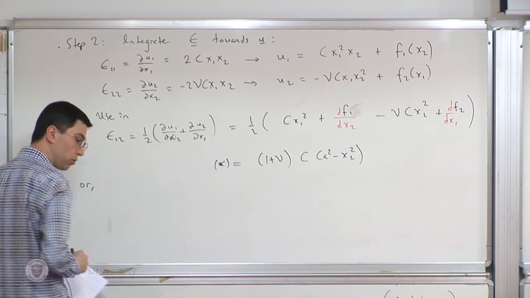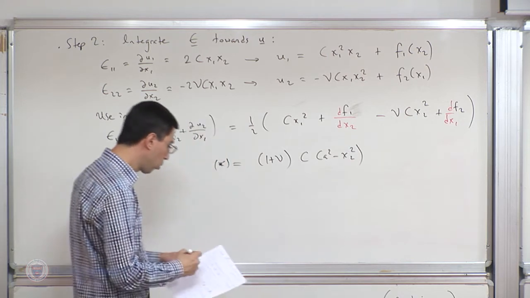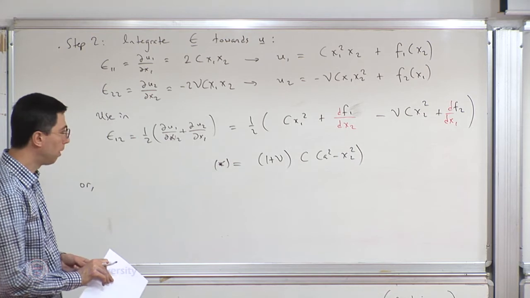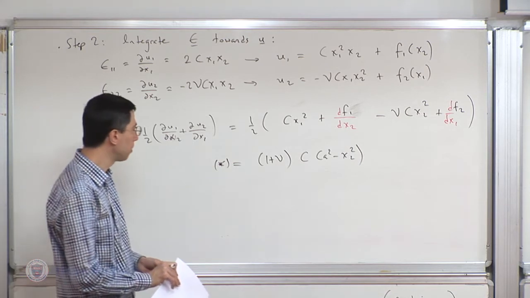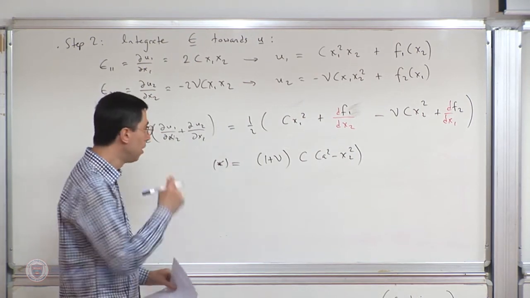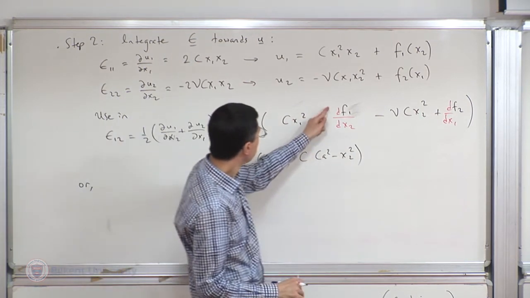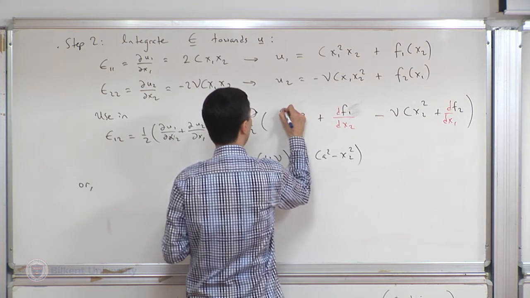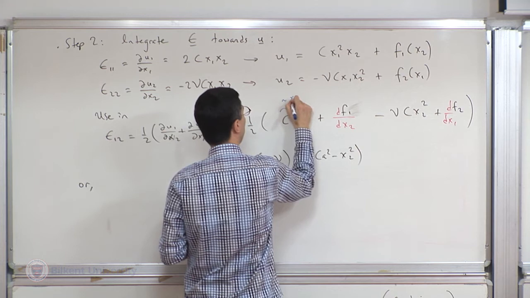So now what I'm going to do is collect terms that are similar. In fact, I'm going to collect terms that have to do with x1 and x2 only. For instance, this is a function of x2 only. This is a function of x1 only.